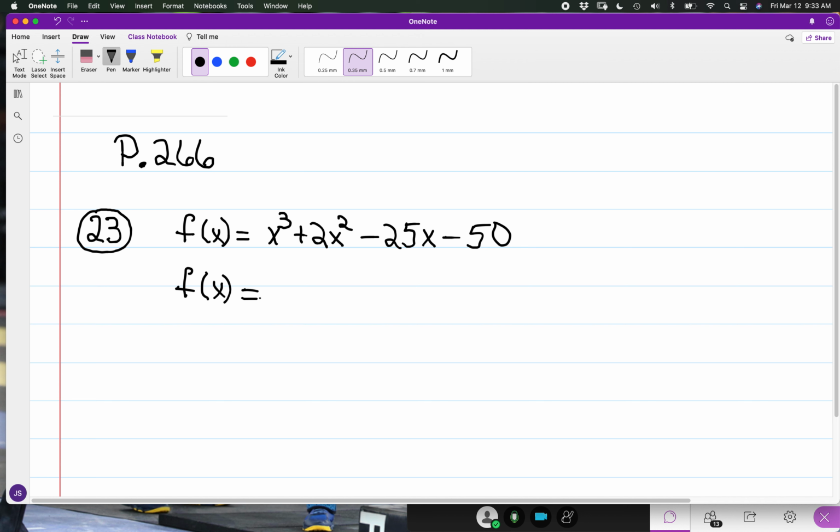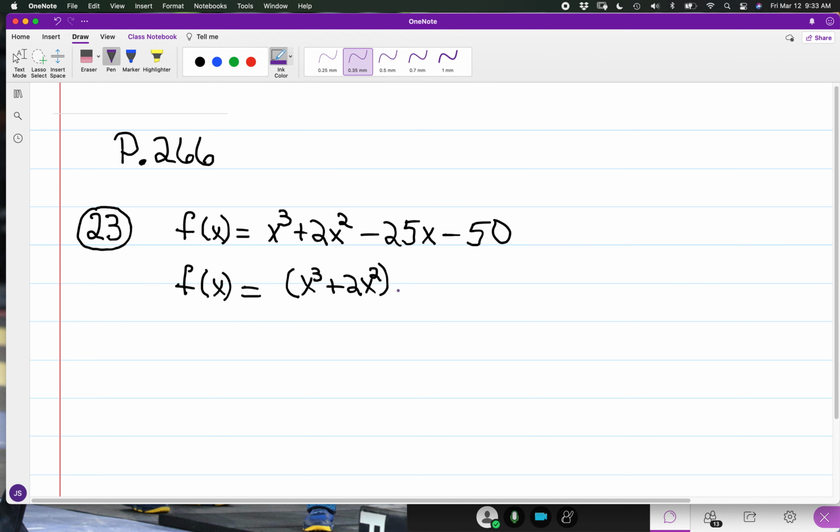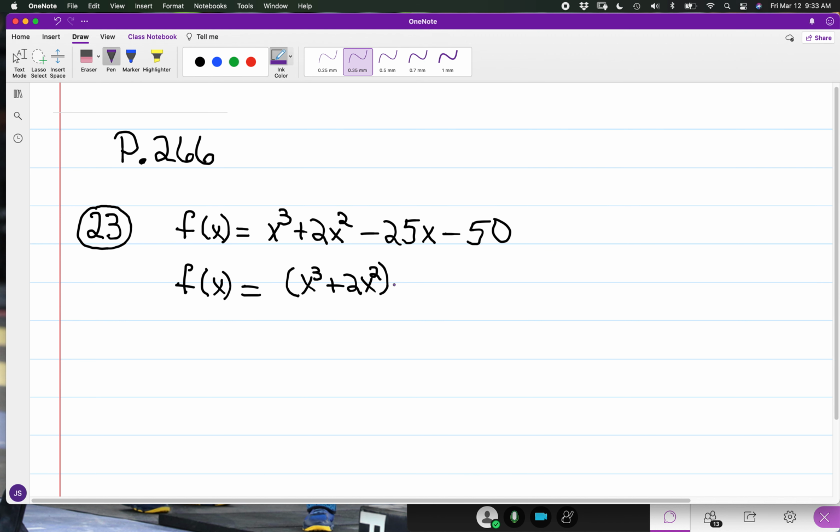And in this one, for x cubed plus 2x squared, I group these terms in parentheses. So I have the quantity of x cubed plus 2x squared, and then the operation of subtraction, separating the first two terms apart from the last two terms.